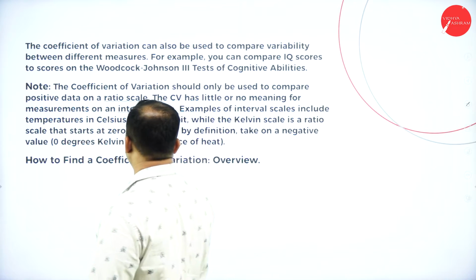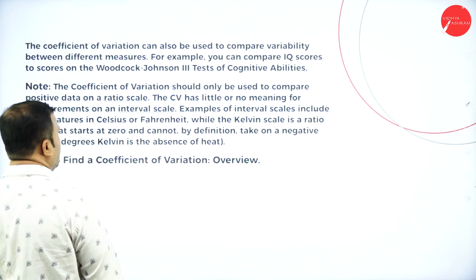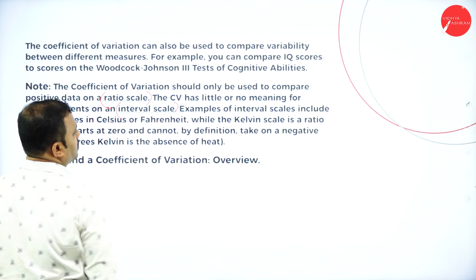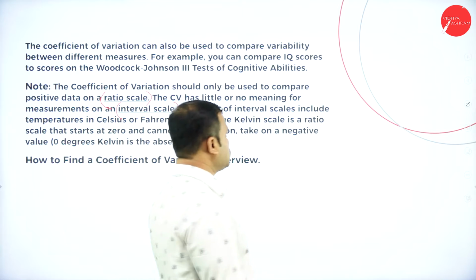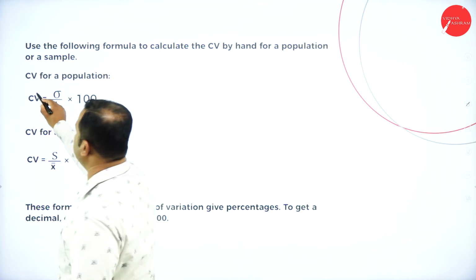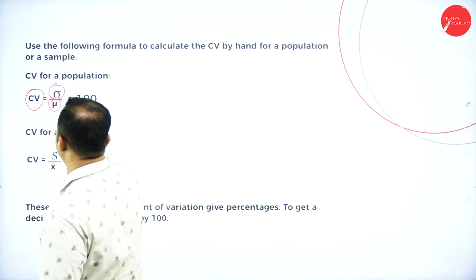Further, it is to be noticed that the ratio scale and the interval scale are very important in this case. Let me go to an example here. The coefficient of variation is equal to standard deviation by mean into 100.